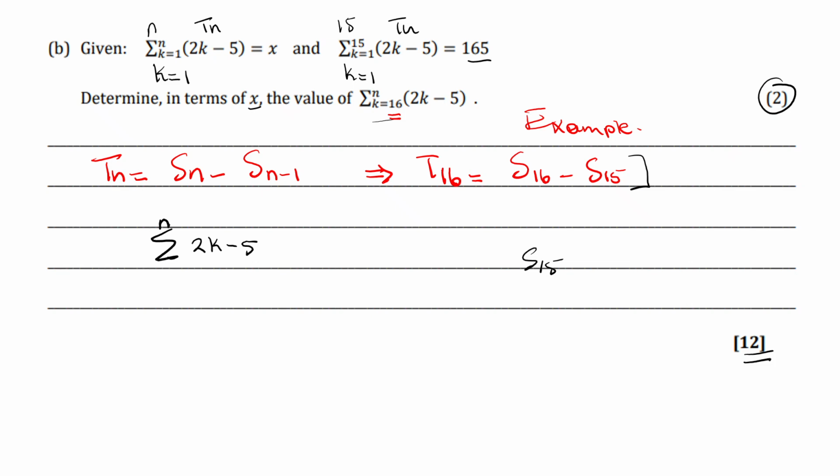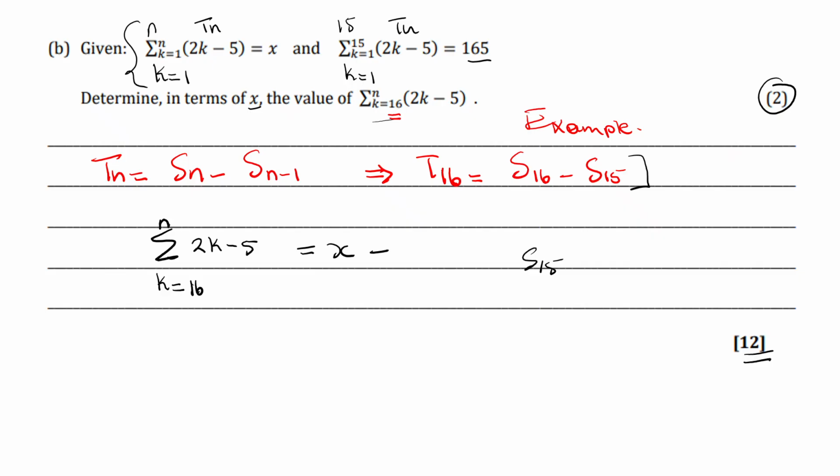When it's like this, we can start at k equals 16. So if we are looking for 16, we take the sum of this one, which is x, because this is the sum of n terms. Then we subtract the sum of 15 terms to get the sum of 16, T16.